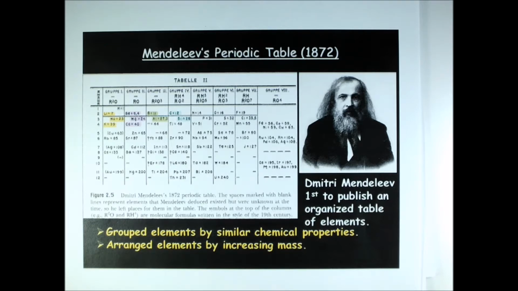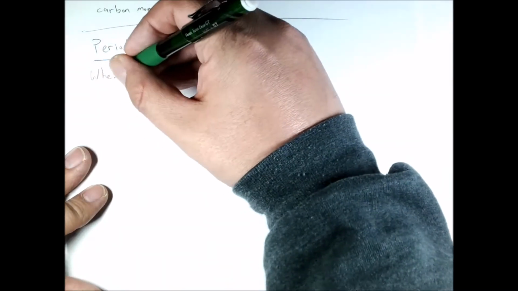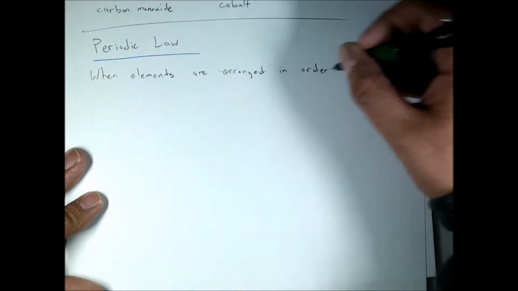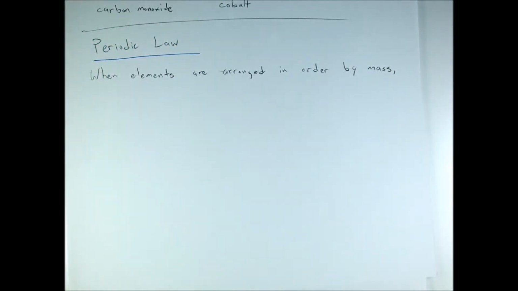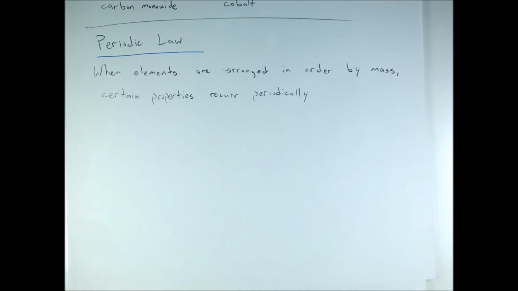We have since changed the structure a little bit, making it a little bit easier to read than Mendeleev's table was, but he essentially found that particular groupings of elements had similar properties. When elements are arranged in order by mass, certain properties, whether they're chemical or physical, recur periodically. That's actually where the name, the periodic table of elements, comes from.